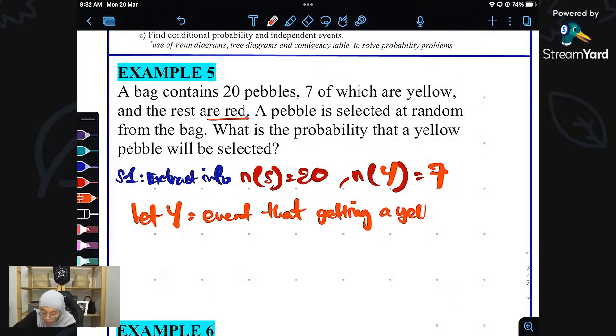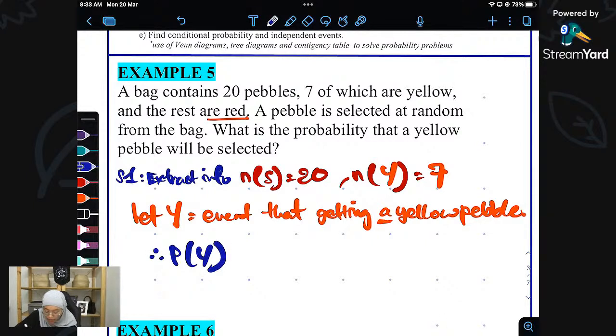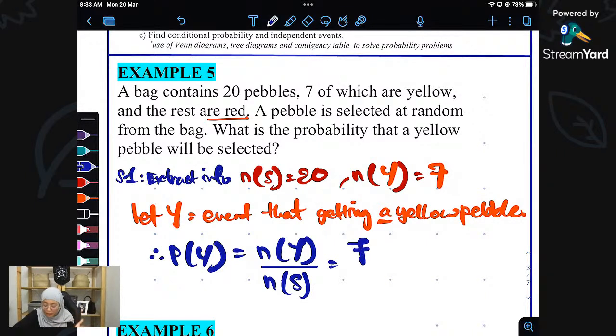So the answer is very obvious already. The answer is probability of event Y, the number of Y, meaning the number of pebbles that are yellow, divided by the total sample space, which is 7.